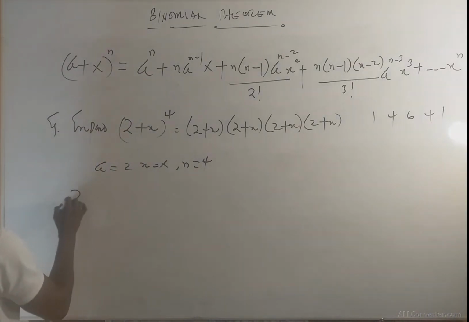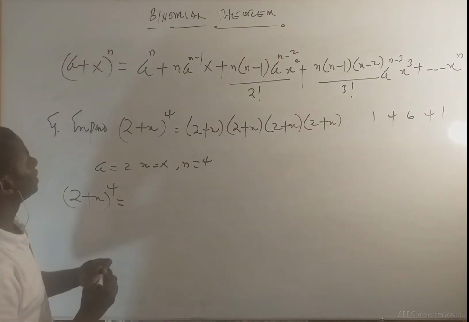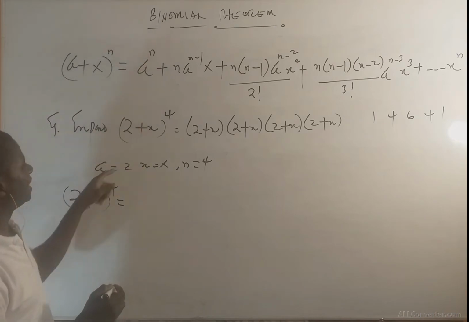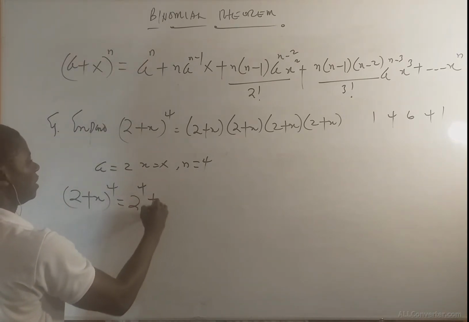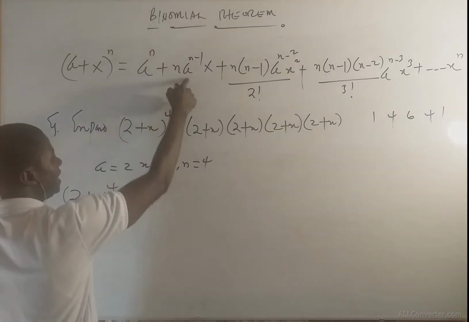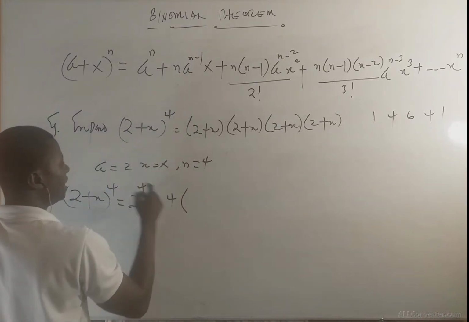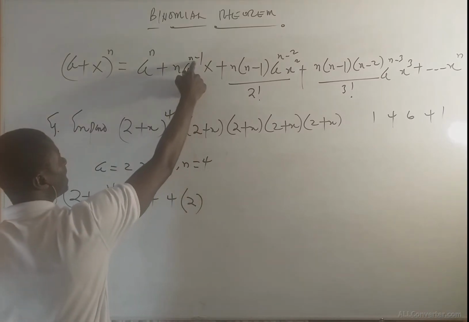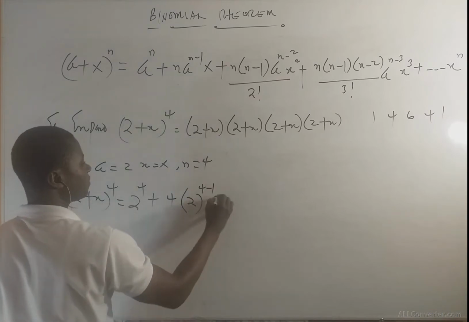So this 2 plus x exponent 4 will be equal to a exponent n, and a is now 2. So you have 2 exponent n, that is 4. Then plus n is 4. So you have 4. Then you have a, and a is 2. Then you have exponent n minus 1, and that is 4 minus 1, x.